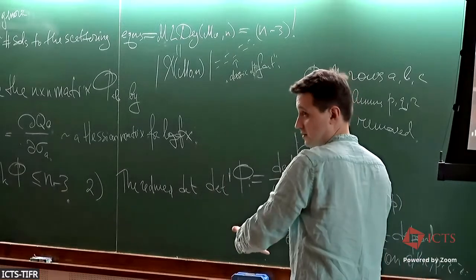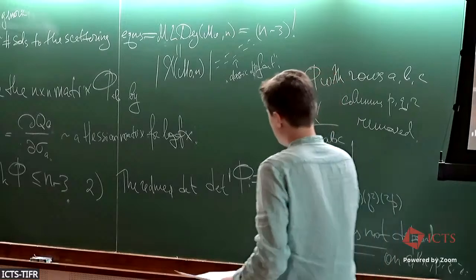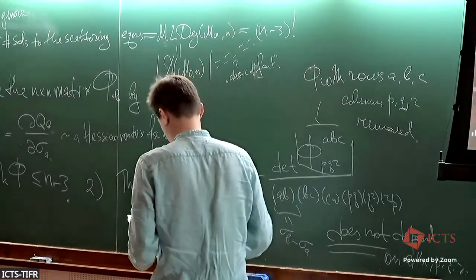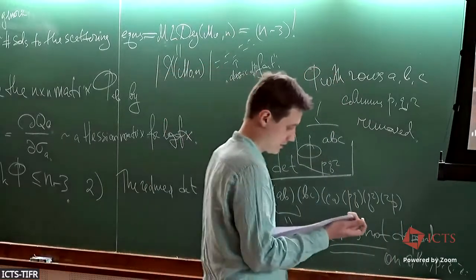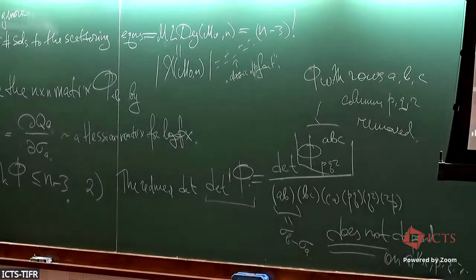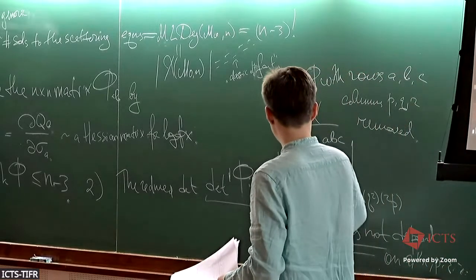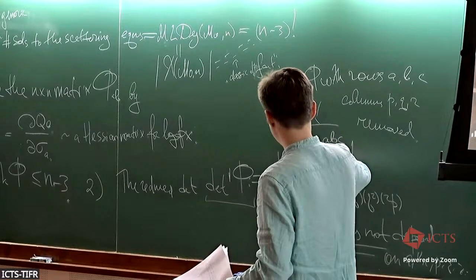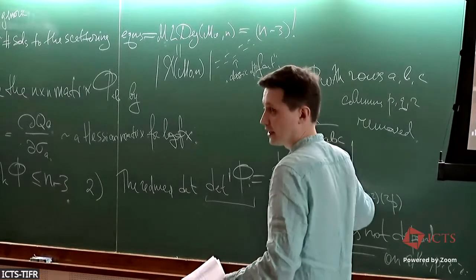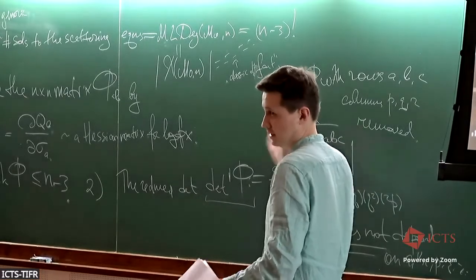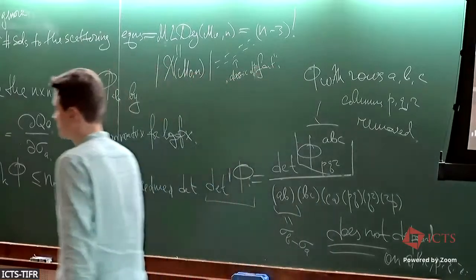And this function will be very important for us in this amplitude calculation process. It's the matrix phi in which we removed 3 rows and 3 columns, and A, B, C, and P, Q, R are just the indices of the removed rows and columns.